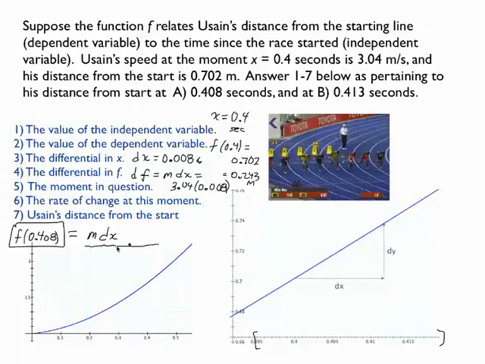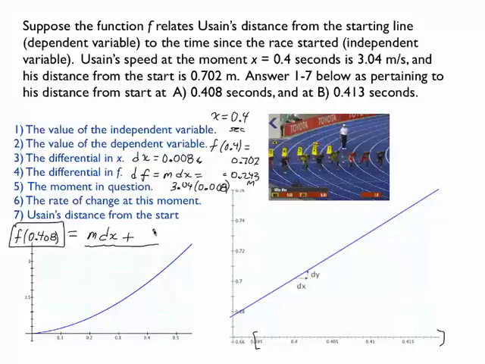What is m dx? His change in distance. So now his new distance from the start, how would we get it? If we got his change in distance, plus, symbolically, f of x? Not f of x. F of x is all the output.